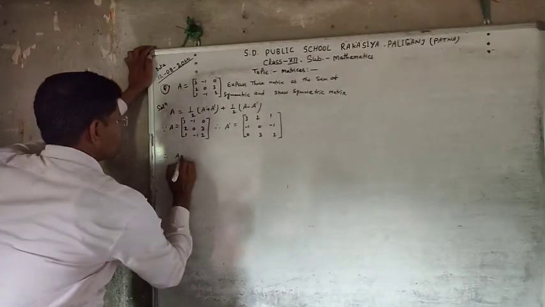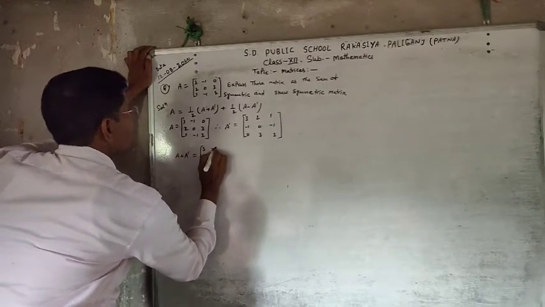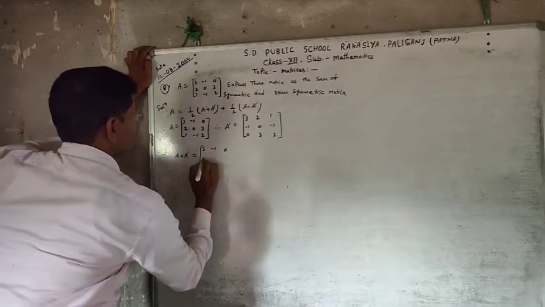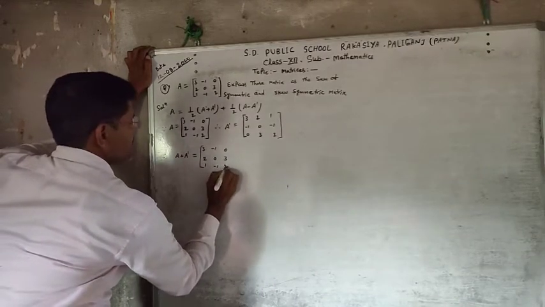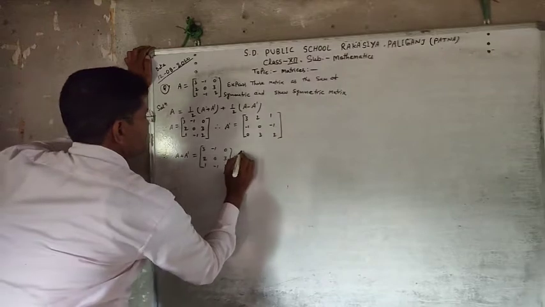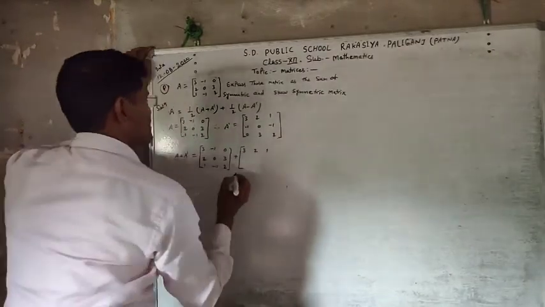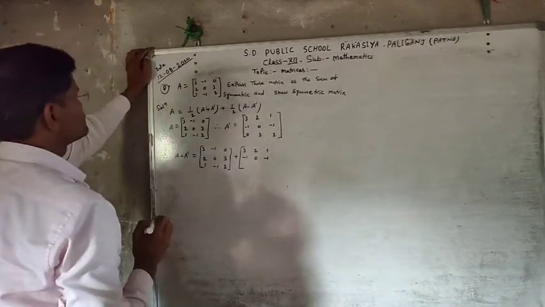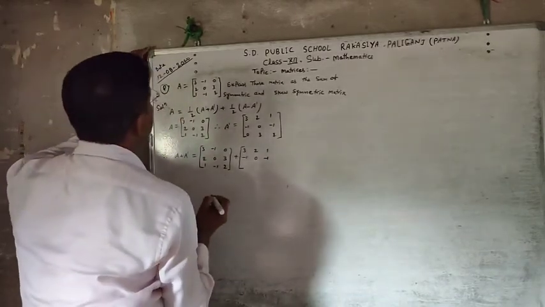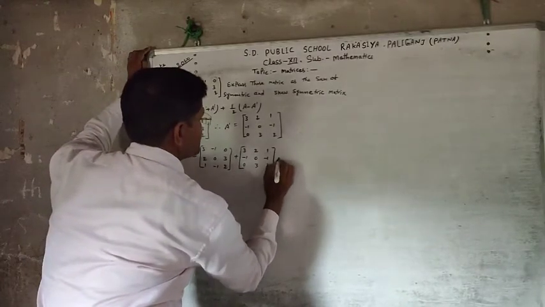Therefore A plus A transpose is equal to [3, -1, 0; 2, 0, 3; 1, -1, 2] plus [3, 2, 1; -1, 0, -1; 0, 3, 2].